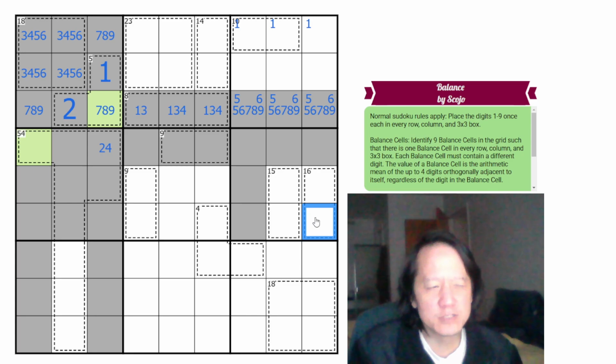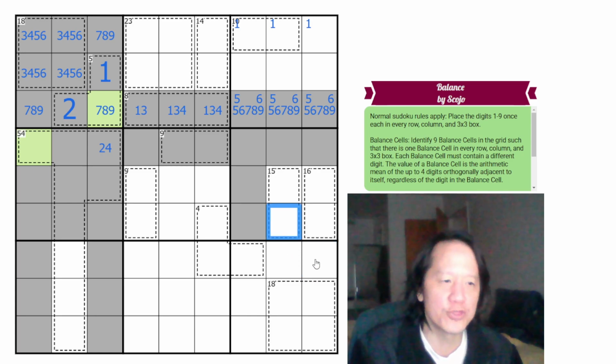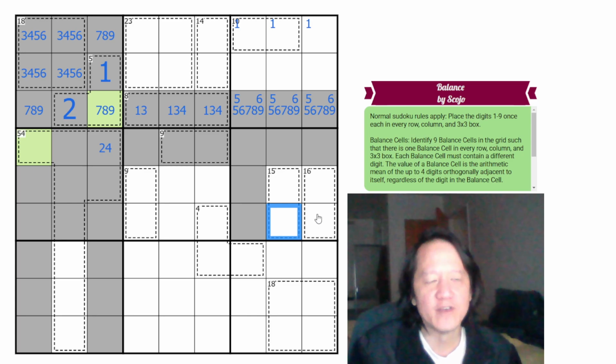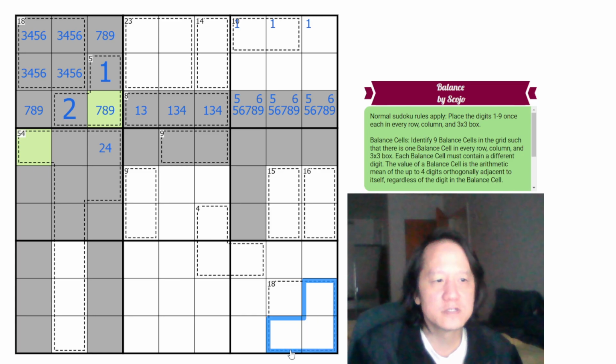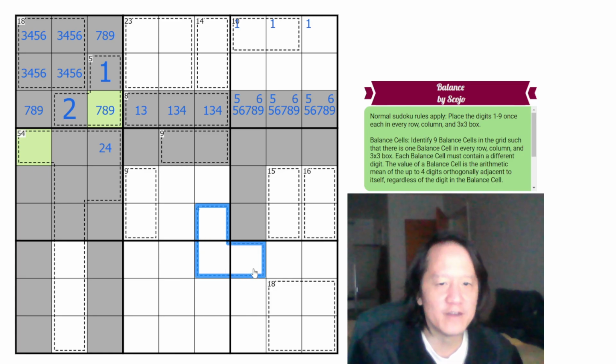On the edge, it's probably something else. It's 1 plus 2, it's 4/3 essentially, which is the minimum value if it's on an edge. And if it's in a corner, it's also 1.5, right? 1 and 2 divided by 2. So this has to be at minimum 1.5 plus 1.5 plus 1.